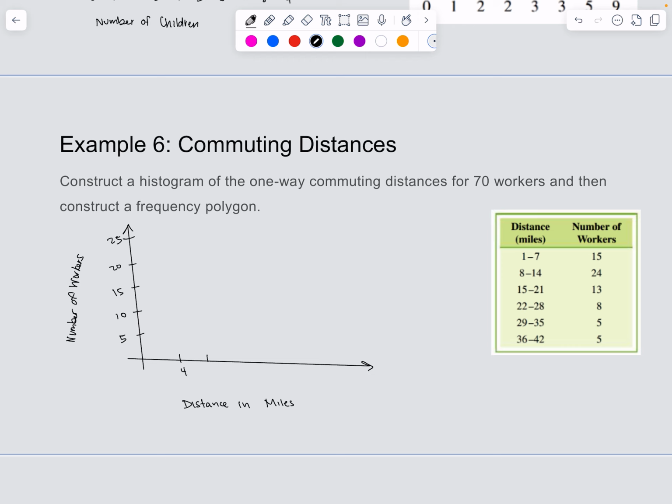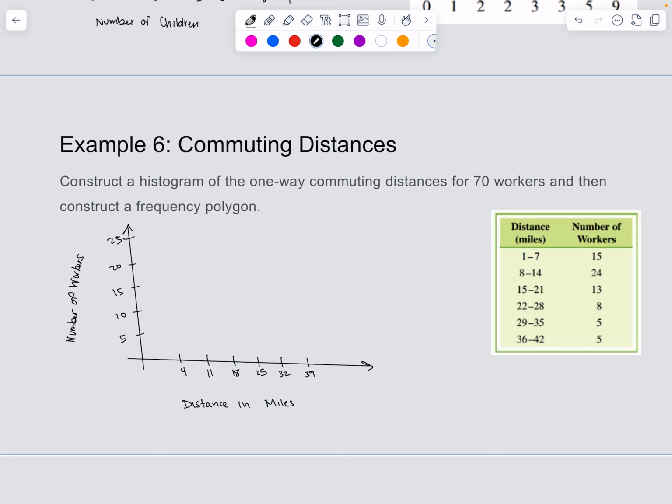And then the next class, between 8 and 14, we'll put 11. The next class, we'll put the middle, 18, 25, 32, and 39.